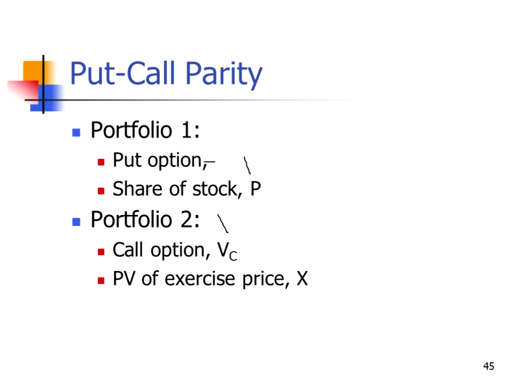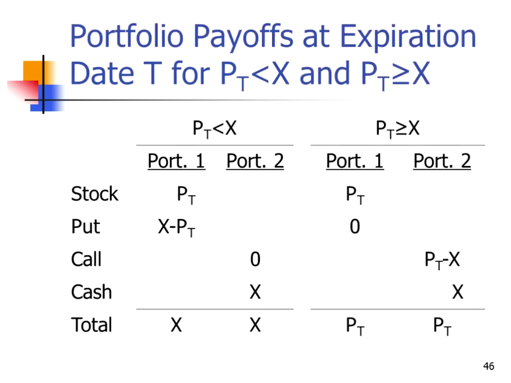So this is how it will work. Portfolio 1: put option, you'll have the share of stock. Portfolio 2: call option value, that will be the present value of the exercise price. And these are again the two scenarios, what you'll do in which case. This is the price of the stock. These are in case you are able to be in the money.